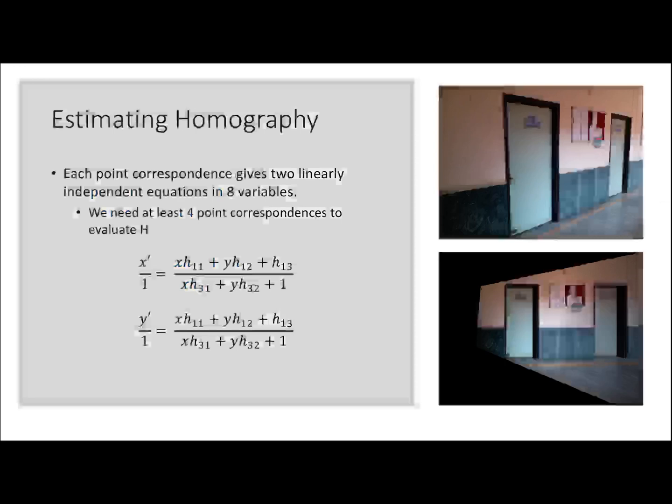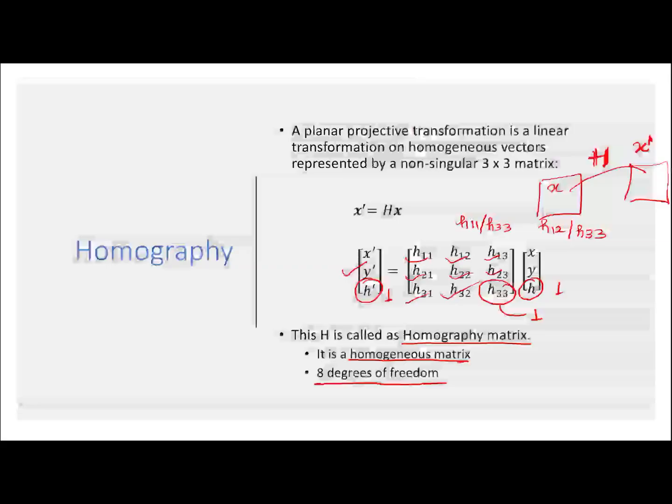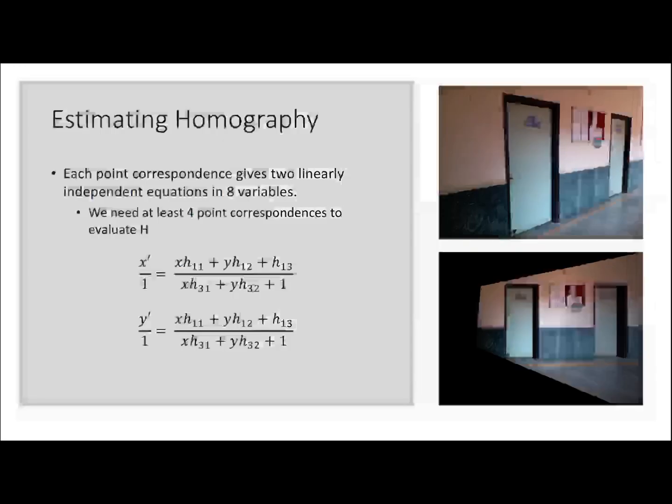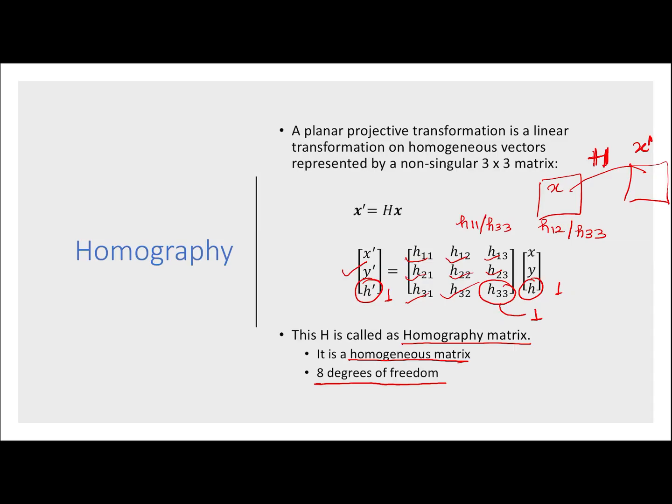Now, how to compute this homography matrix? The projective transformation or the homography matrix can be written in inhomogeneous form as this. It is nothing but x prime by h prime, y prime by h prime, because if I need to write this in inhomogeneous coordinates.